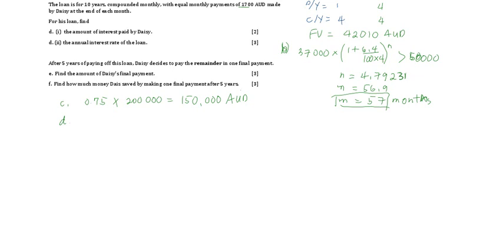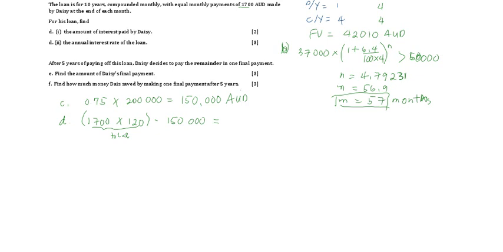The loan is only 150,000, but she is paying 1,700 AUD in 10 years, which is 120 months. This is the total amount paid, but she only has a loan of 150,000.